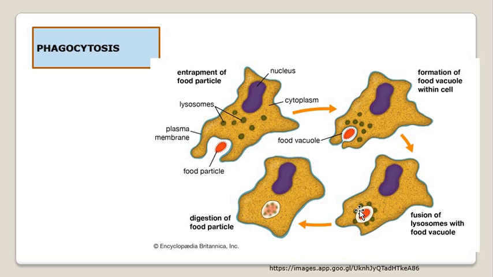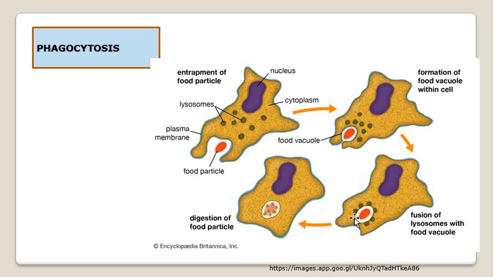Similarly, in this case also, though the solid material is taken inside by the amoeba, it's not enough to get the nutrition. Further, that solid material or phagosome has to be digested. So here the lysosomes are there.